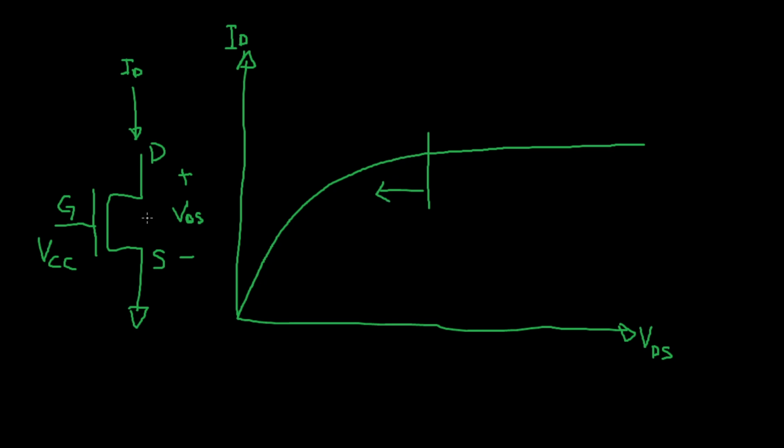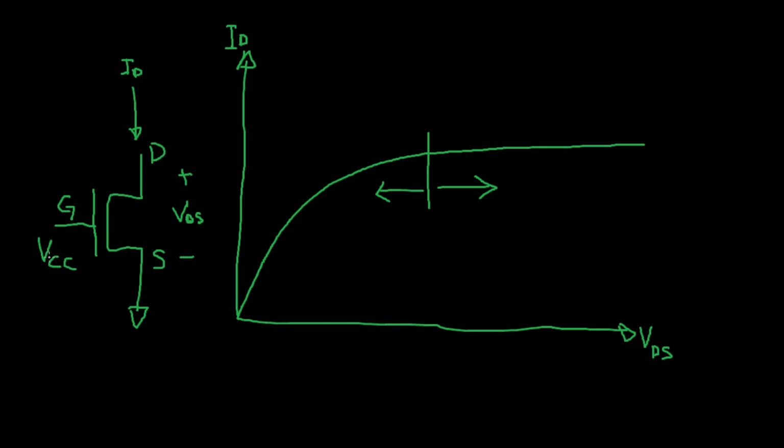That means it's acting a lot like a resistor. So as you increase VDS, you will also be increasing ID, and it's fairly linear. To the right of this line, the current is relatively constant. It will be increasing. This won't be a perfectly flat line, but this is acting a lot like a constant current source at this point.